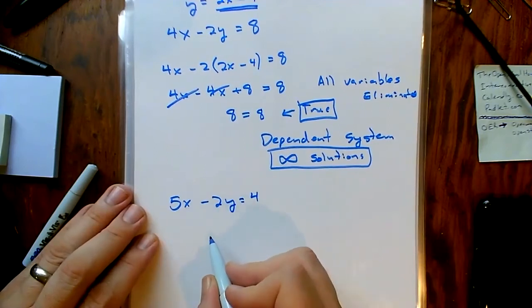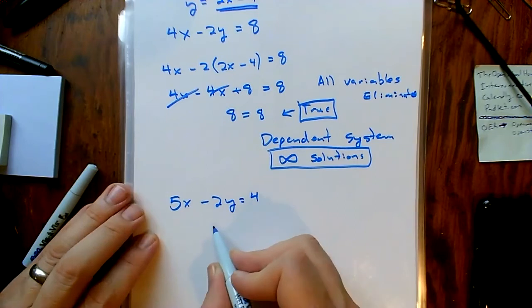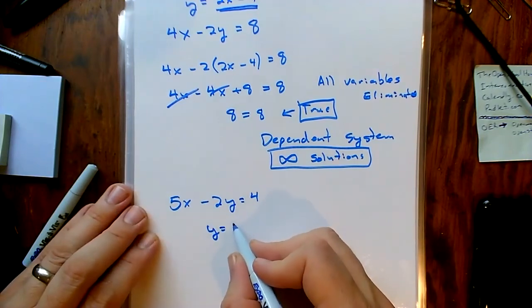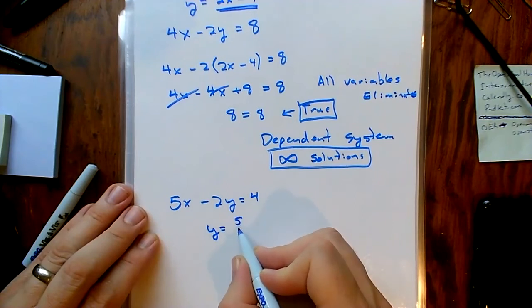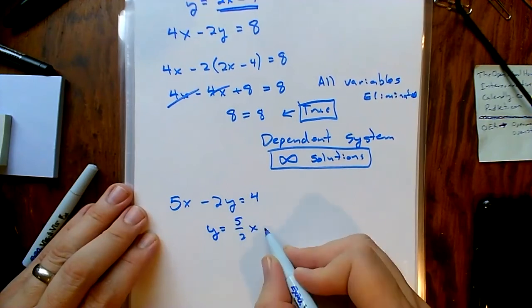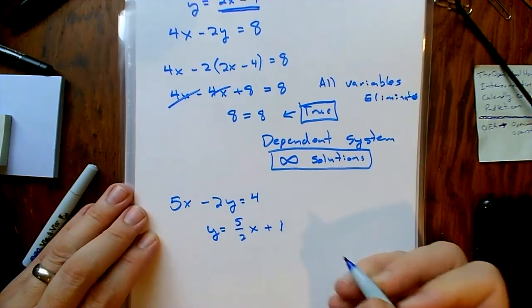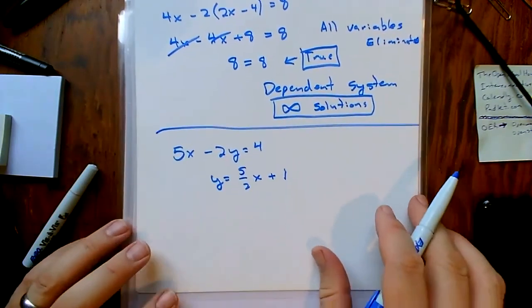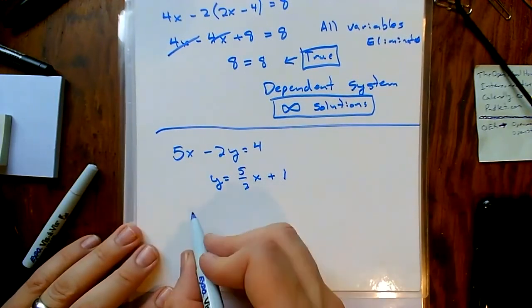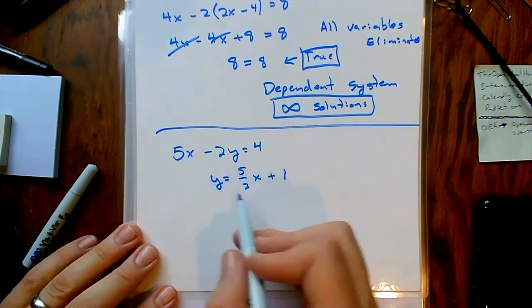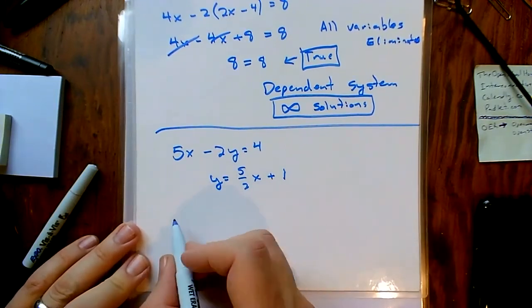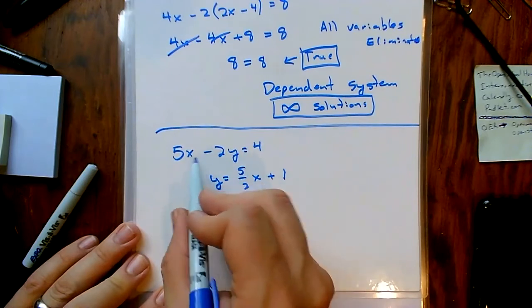And let's say we've got something like y is equal to 5/2 x plus 1. Oh, this is ugly. We've got fractions. Fractions happen. It's okay. I'm just demonstrating a point of what happens sometimes. So let's see what happens when we substitute this expression in here.